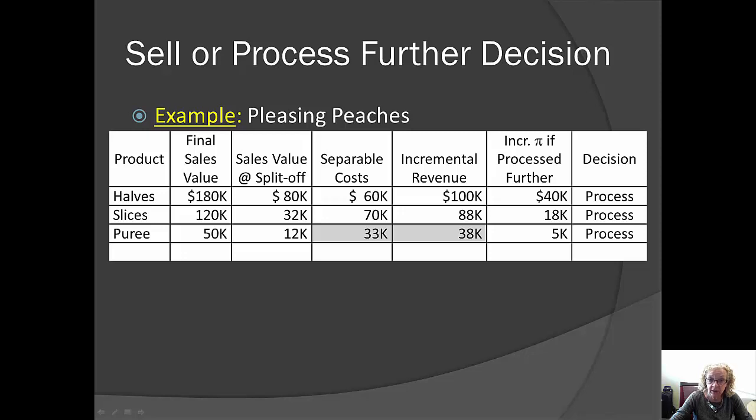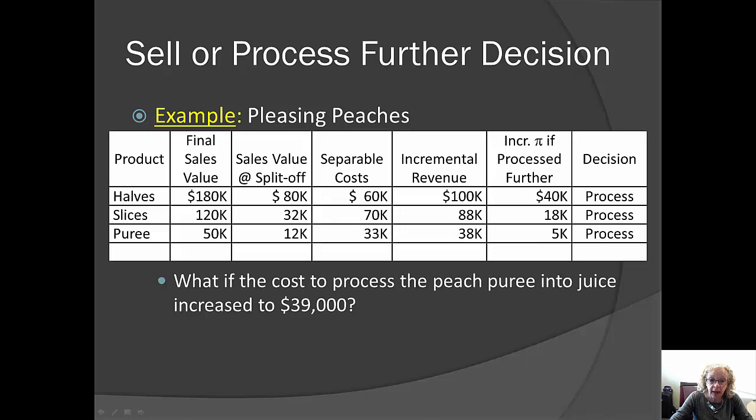So we would process the peach puree further as well. Now, what would happen if the separable costs for transforming peach puree into peach juice increased to $39,000?